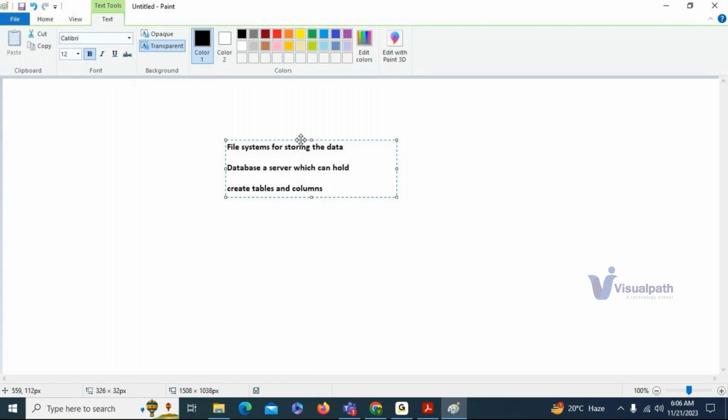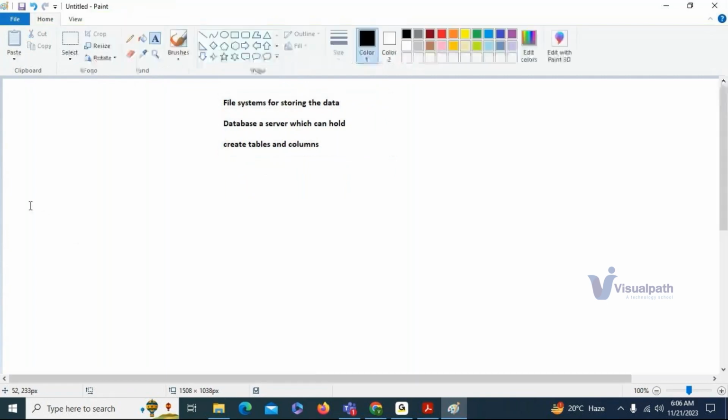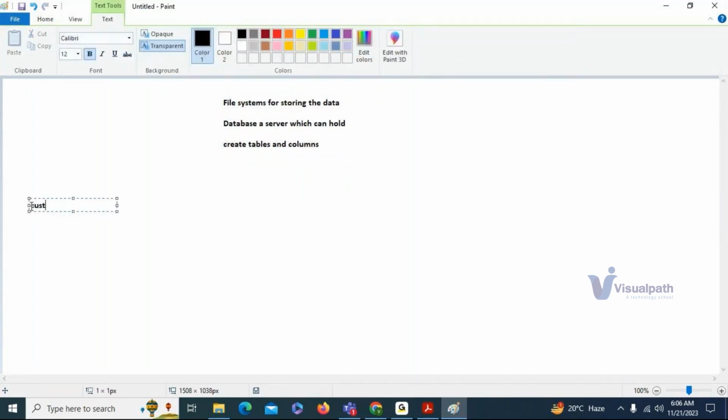Having a table and columns, let's say you are shopping on the Amazon website. Let's understand how many columns you are going to fill. Let's say you're a customer.